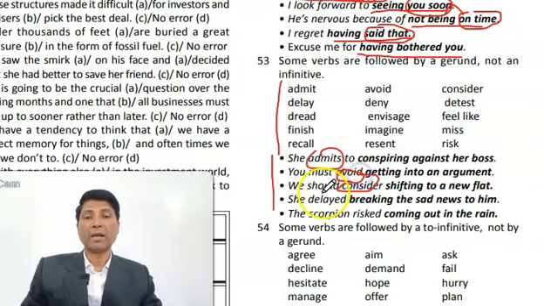So in these examples, you can say there is an object. Her is an object. Him is an object. A kind hand is an object of the verb felt, and here us is the object of the verb left. So the rule says that some verbs must have an object before a gerund. So you can see after these verbs, first of all, an object has been used, and then the gerund part is coming.